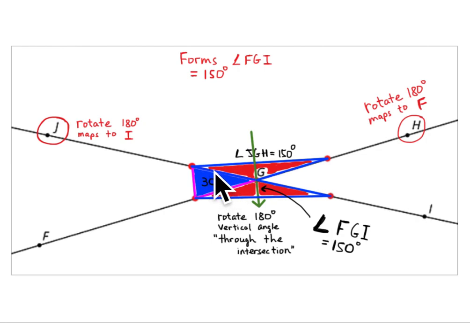So basically you're forming the same angle, this angle, but you're forming it down here. So you're forming angle FGI, which equals 150 degrees. So lesson 14, activity 1, angle pairs. In this case, the main idea is vertical angles, always equal.